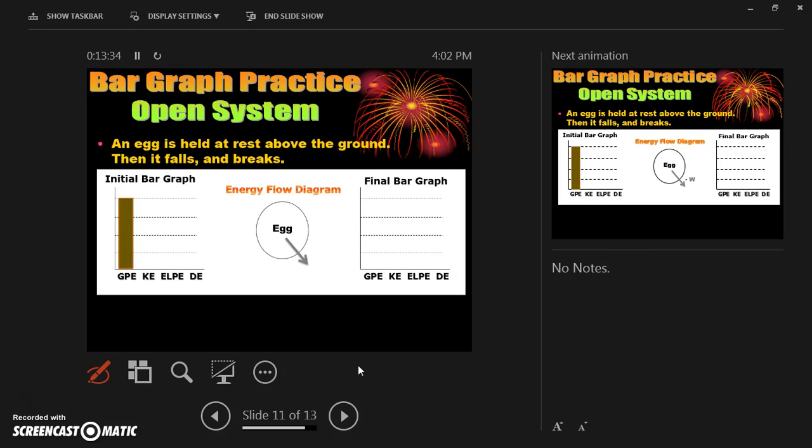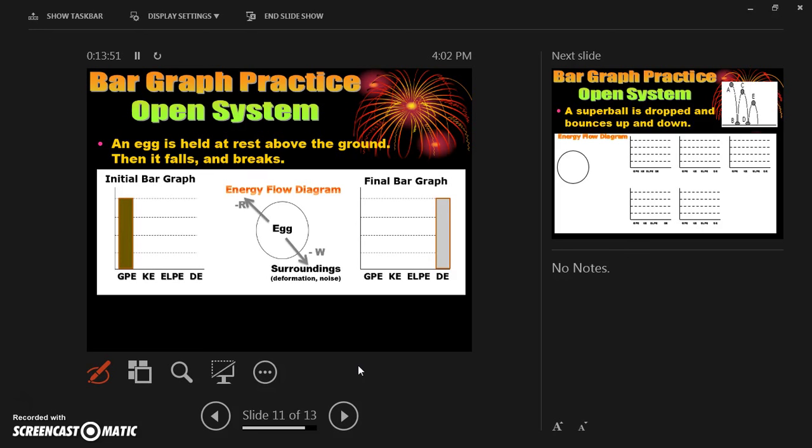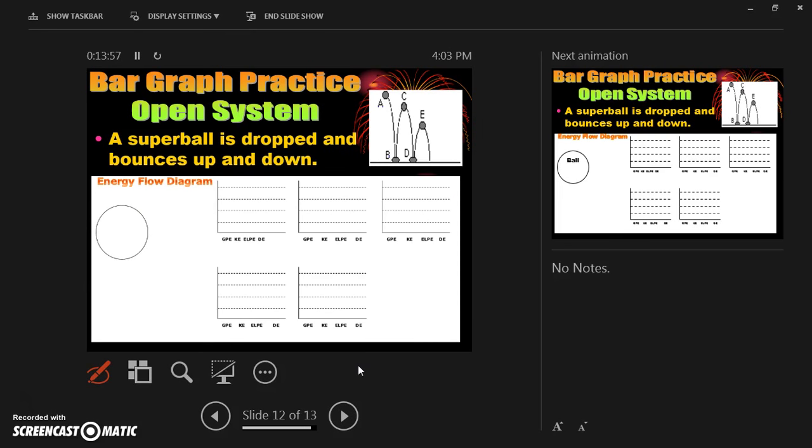Go ahead and draw that in the middle via work, minus W. You probably will have also some energy transferred out via radiating because of the sound made, and so on. So we'll put those labels up and let you fill in the final as dissipated. Whenever energy is transferred out, we shall call it dissipated energy and label how.